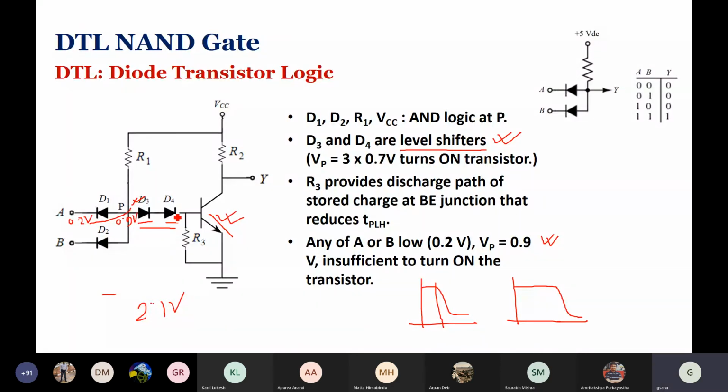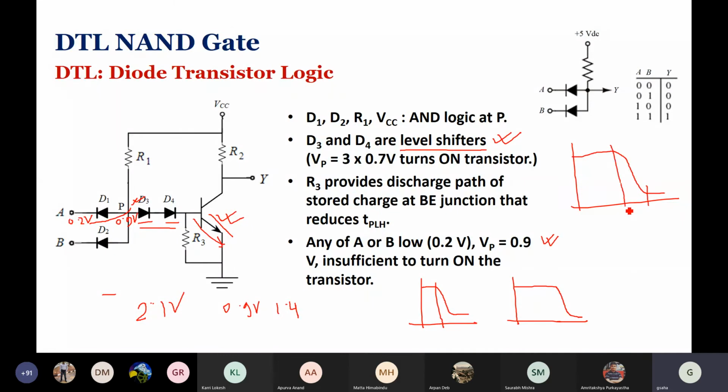Now, the presence of one diode would have been sufficient, because it would have required 1.4 volt and you have got 0.9 volt, right? Another diode you have added because it is further shifting the level, and this input output curve is somewhat towards the middle, which might be an interesting design choice for the designer who proposed the detail.